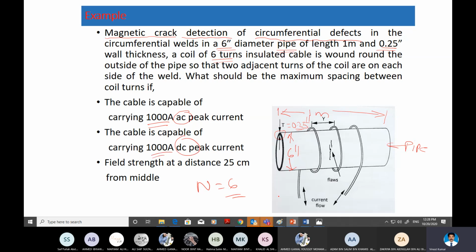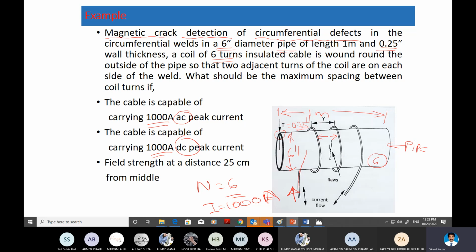I am passing 1000 ampere current through this material. What should be the minimum space required between the turns? This is the first turn of the coil, this is the second turn, this is the third turn, like that we have 6 turns.